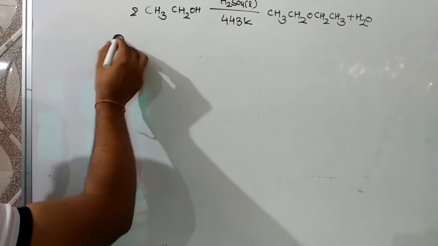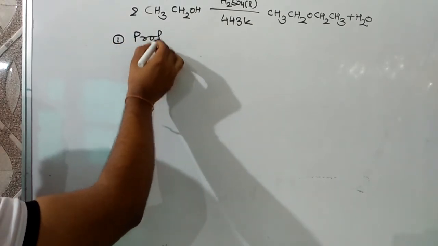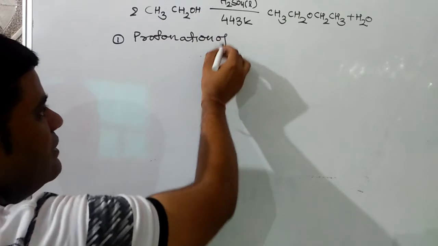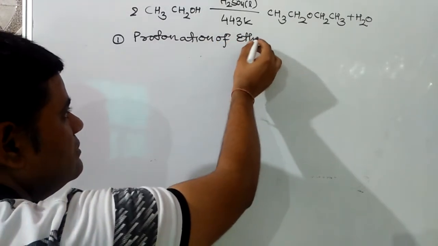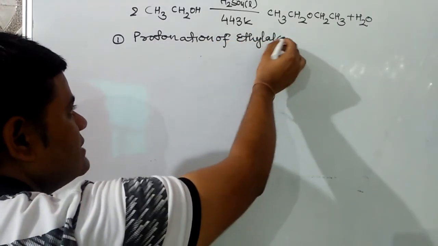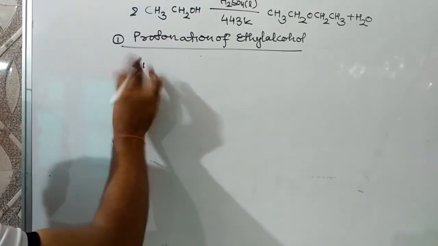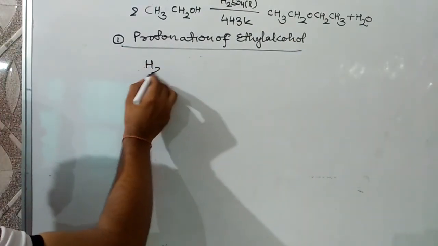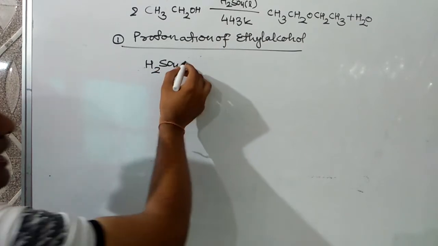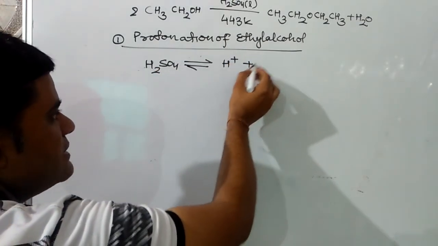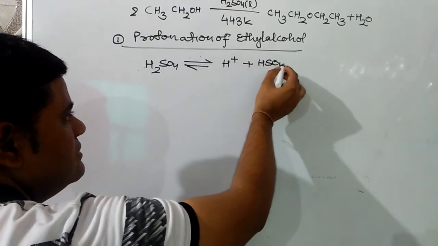The first step is protonation of ethyl alcohol. Here, first H2SO4 undergoes decomposition to give H positive plus HSO4 negative.